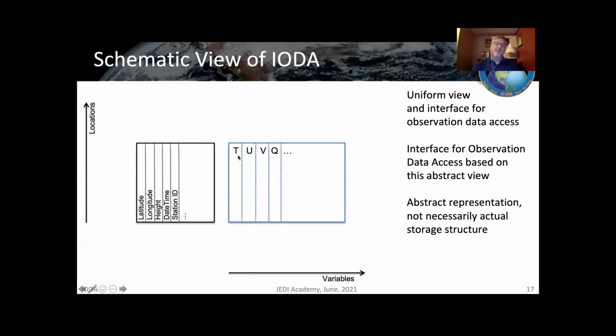So in the case of a radiosonde, you might have T, U, V, and Q as your variables. Q is the moisture, UV are the winds, and T is the temperature. And you have latitudes, longitudes, heights and date times that describe what each particular location is.